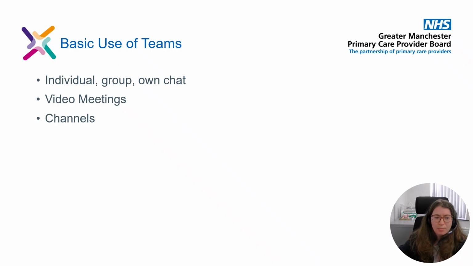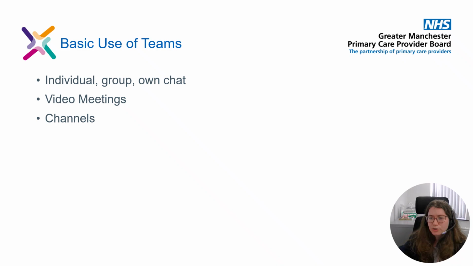So today I'm going to talk about three main functions of Teams, which are the chat, and that's divided into your individual messaging, group chats, so you'd have a whole practice one or a clinical team or certain working groups, and then you can also just chat to yourself, which I'll talk about on the next slide a bit more.